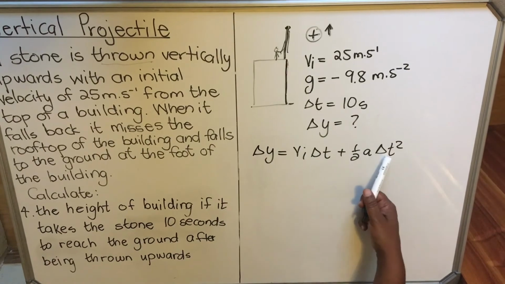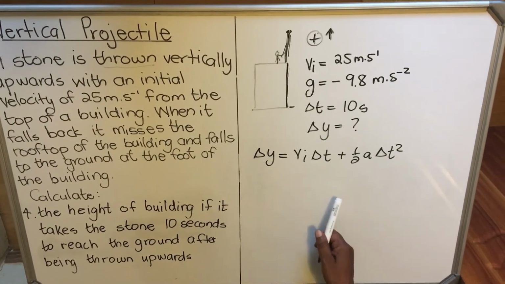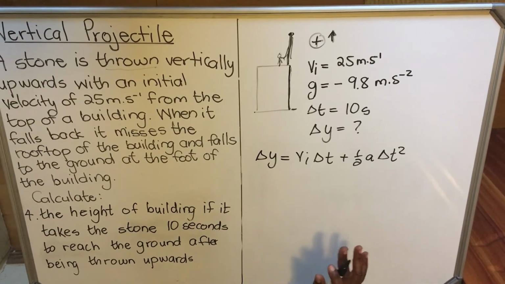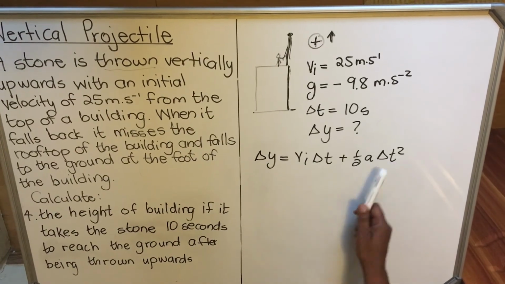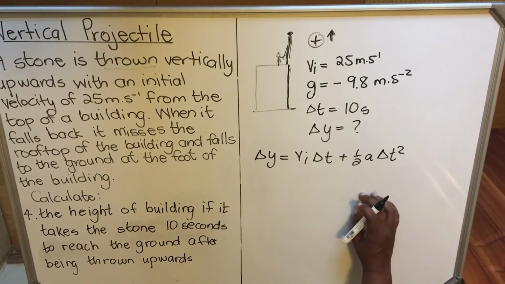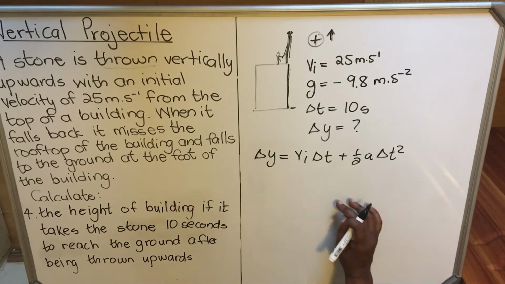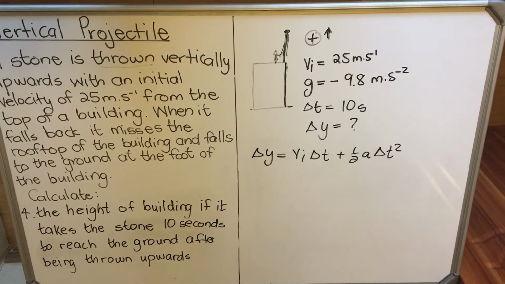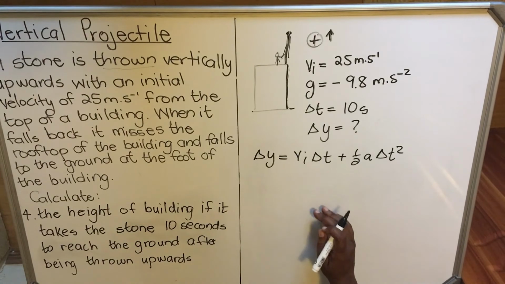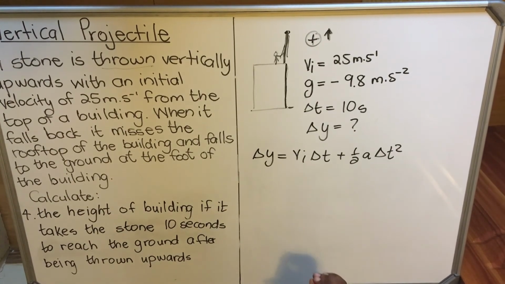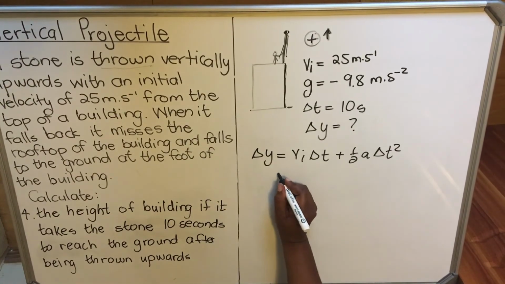If you write the formula and you don't substitute any value, you don't get marks. If you write the formula and substitute wrong values, you get marks for substituting. You have to substitute in the formula. Don't just write the formula and think you'll get 1 mark. You won't. You have to substitute. So in this question, you're not going to substitute wrong values because we have the right ones.